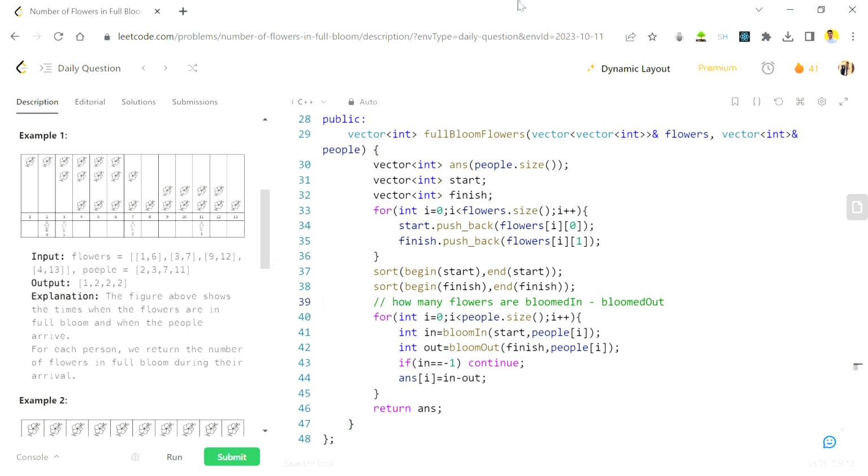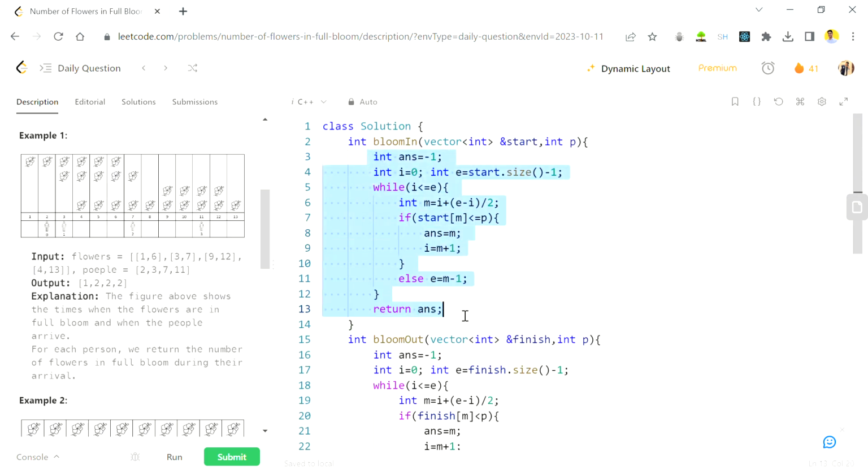For example, for the person at 7, if I were to only compare it with the first element, I would have said okay, 1 is less than or equal to 7, so first range, second range and third range. In that case my answer would have been 3, but I can see that the flowers also have an expiry limit, which I need to take care of. So I'm going to store the difference of in and out in my answer array, and I'm going to make you understand why this statement is important.